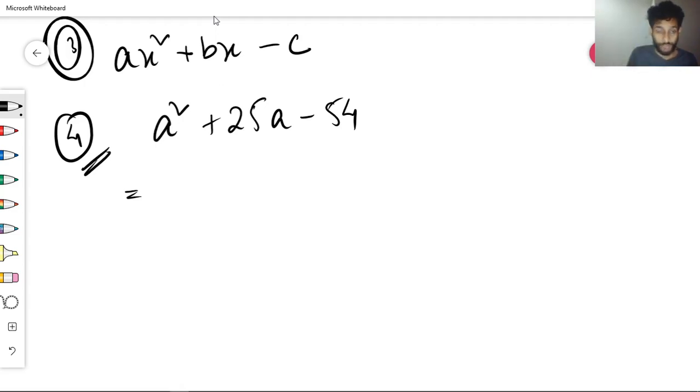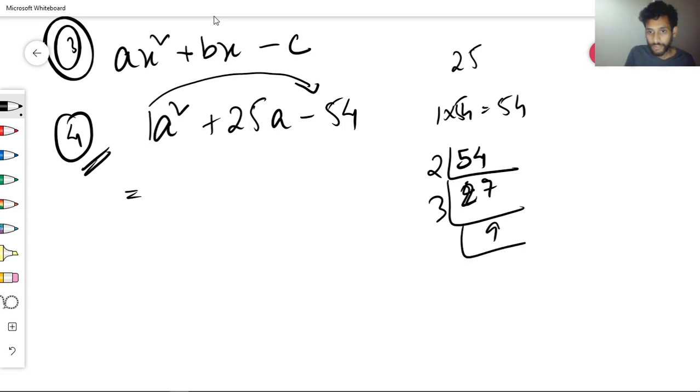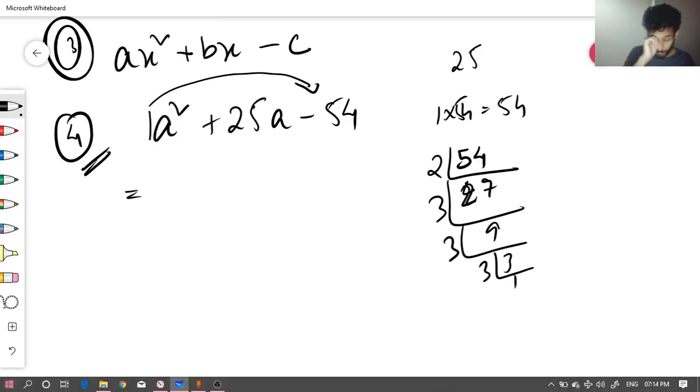Here also, first we multiply 1 by 54. The result is 54, and we have the number 25. Now we will find the prime factorization of 54: 2 twos are 4, 2 sevens, 3 nines, 3 ones.